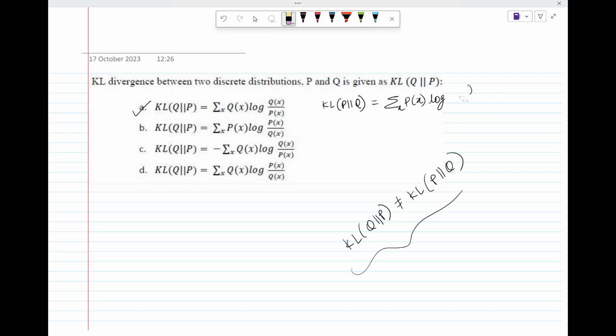Sorry, log P of x by Qx. Okay, so this option is actually KLPQ.